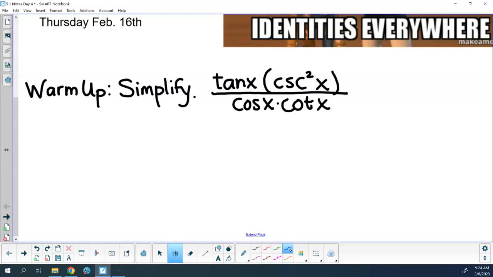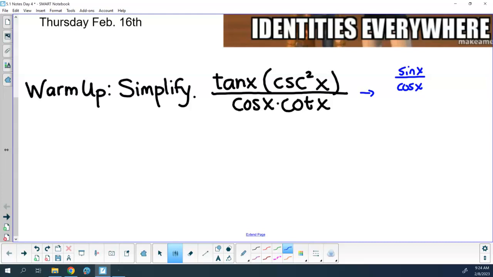So if I'm going to change the tangent of x to sine over cosine, because that's what tangent is equal to, I can't just say sine over cosine here. I've got to give the rest of the problem too.